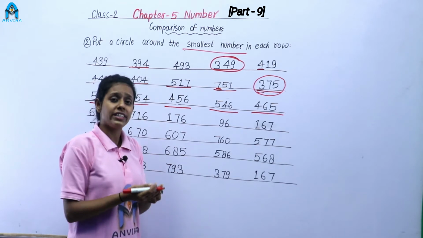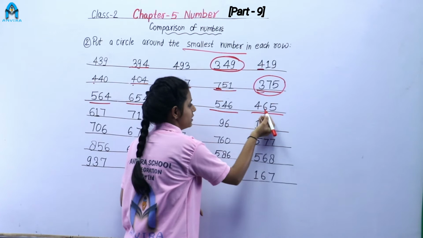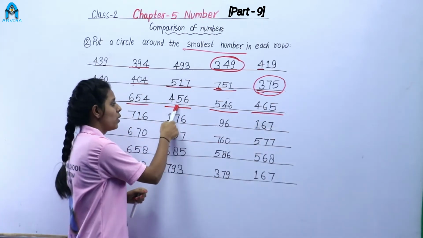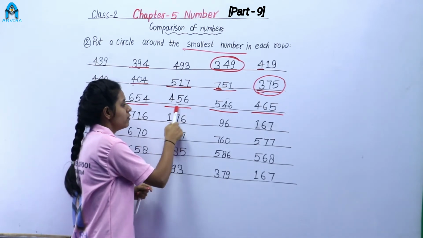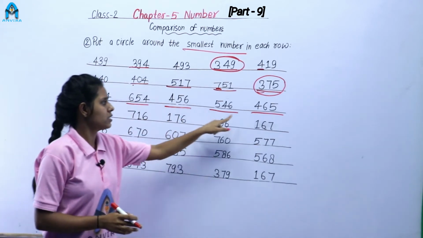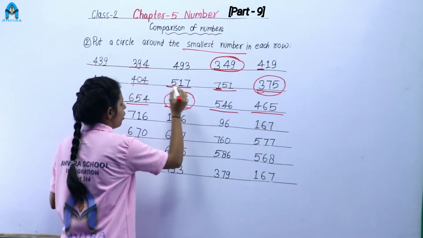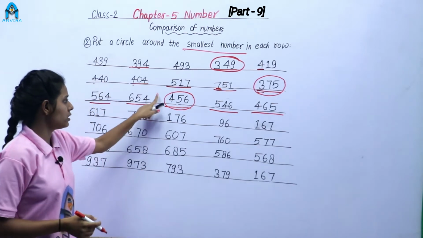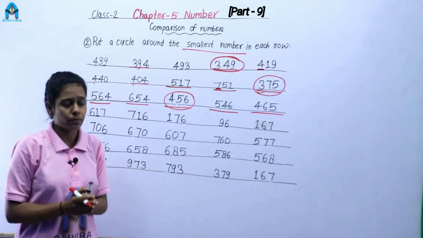Let's go to the tens place. So this is 5 and this is 6. Which is smallest? Yes, 5 is smallest. So 456 is the smallest number in this row. So we have to put a circle on 456 because this is the smallest number in this row.